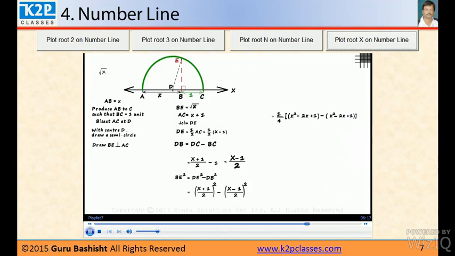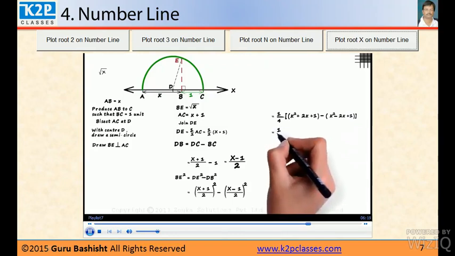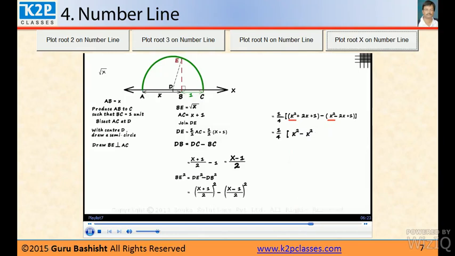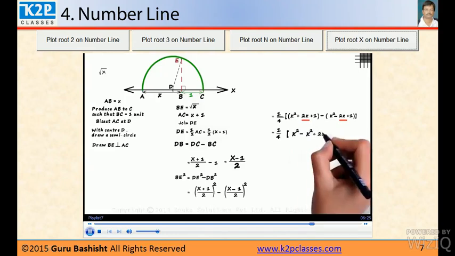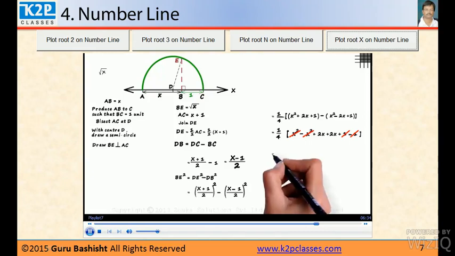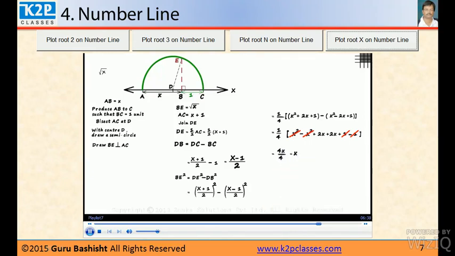Opening up the brackets, we get this expression as 1 by 4 multiplied by x squared minus x squared plus 2x plus 1 minus 1. These two terms and these two terms cancel out, and this expression equals 4x by 4, which equals x. Since BE squared is equal to x, BE will equal root x units.